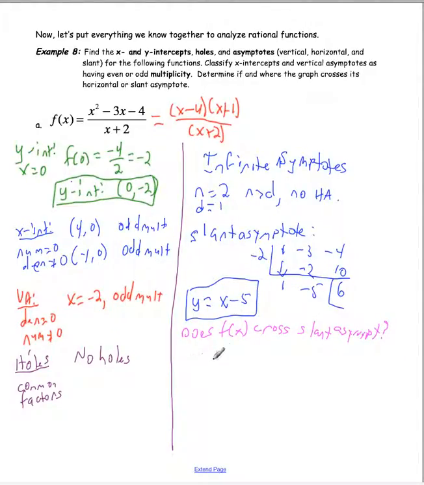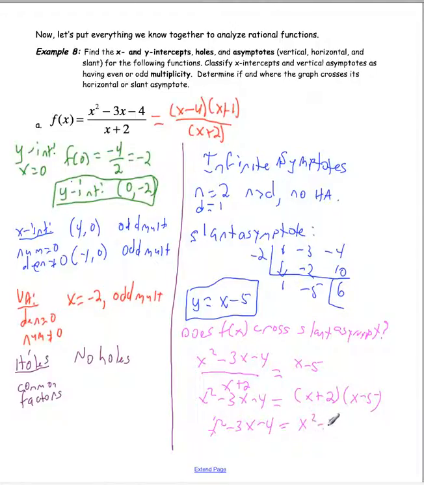Let's set (x squared minus 3x minus 4) over (x plus 2) equal to x minus 5. We're going to multiply both sides of the equation by x plus 2, I'm sorry, times x minus 5, which is going to give us x squared minus 3x minus 4 is equal to x squared minus 3x minus 10.